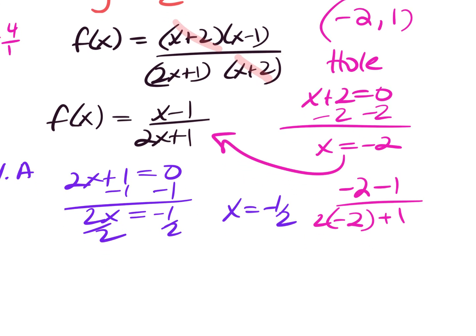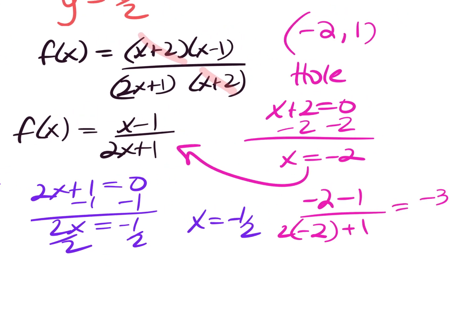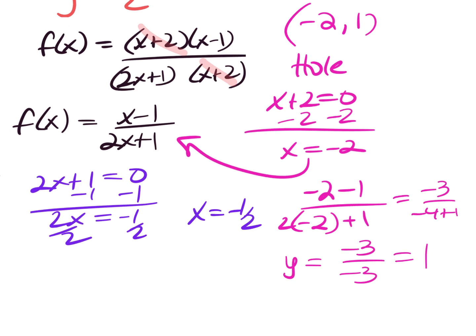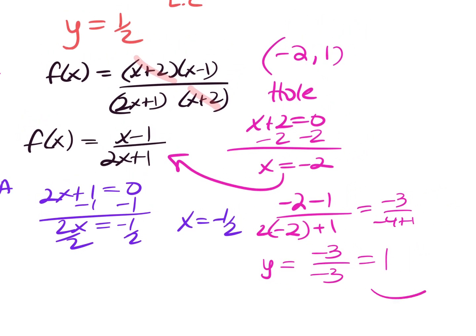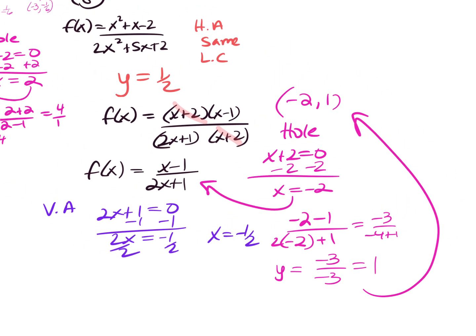This will give me negative 3 over negative 4 plus 1. Negative 3 over negative 3 simplifies to 1. So again, negative 2, positive 1 is where the hole will be located in your graph.